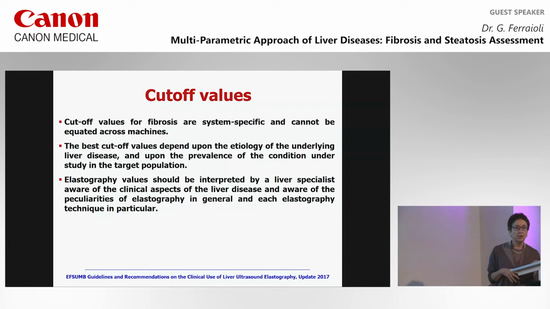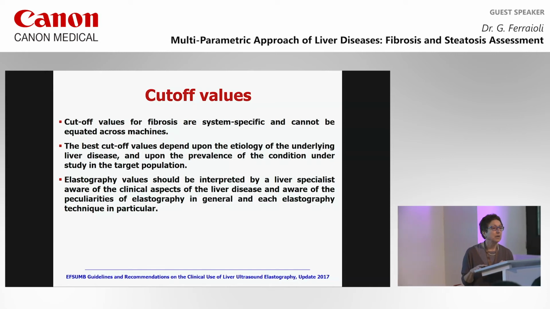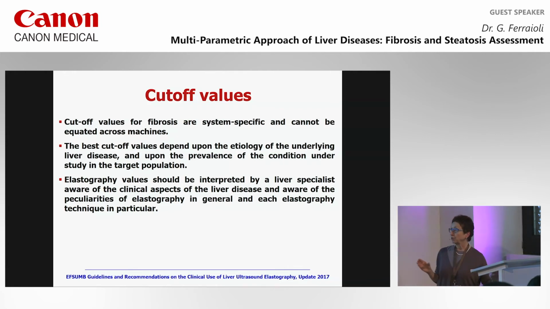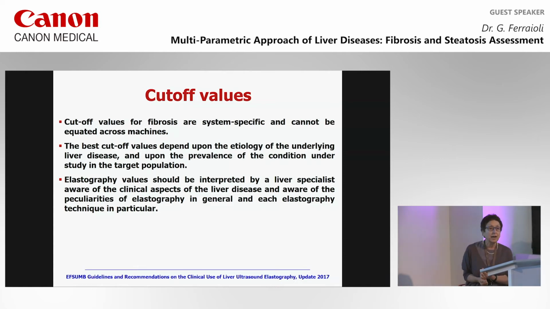So we have to refer to the cutoff of that system, and they are also not the same for all the etiologies of liver disease. It is important to refer to cutoff values also for the etiology, and we obtain a number. This number should be interpreted by a liver specialist, taking into account the clinical history and lab data of the patient.